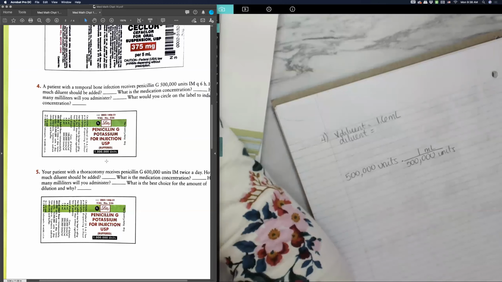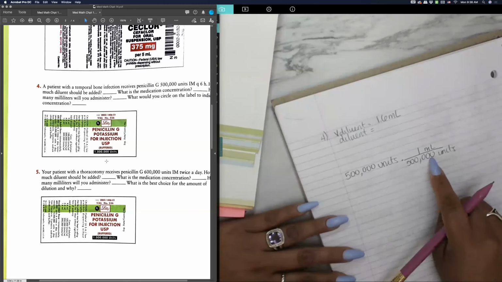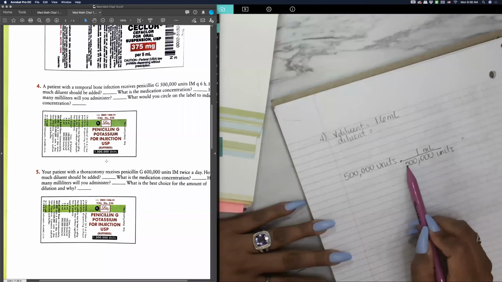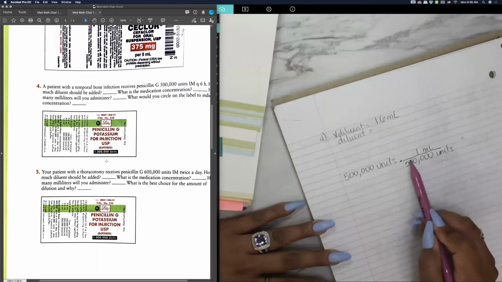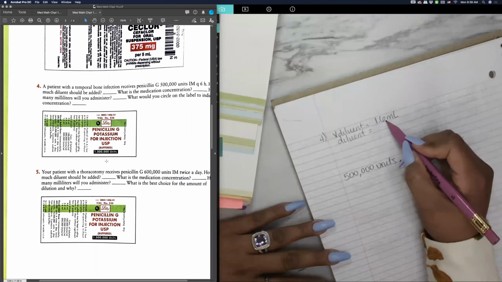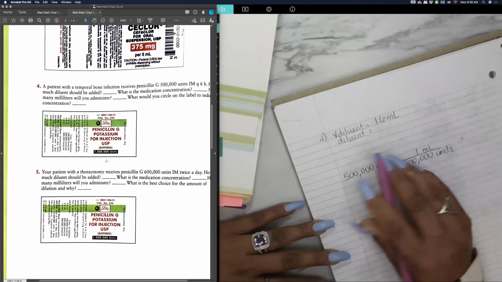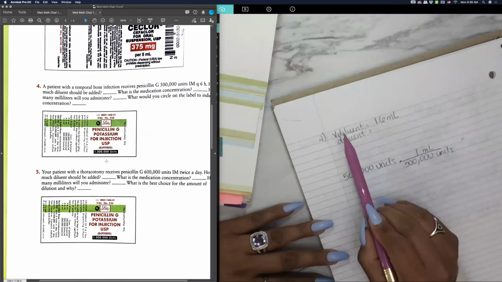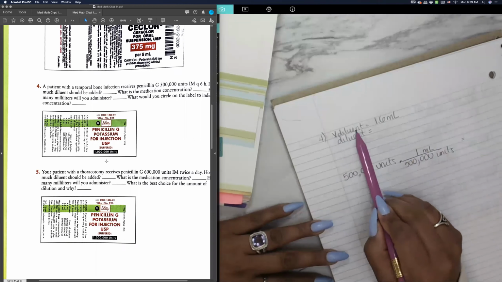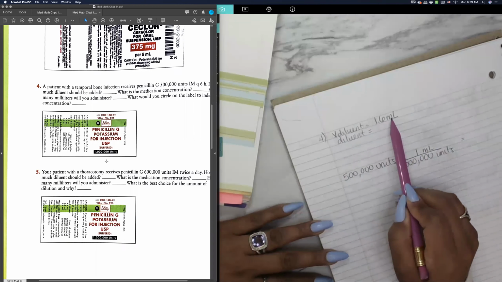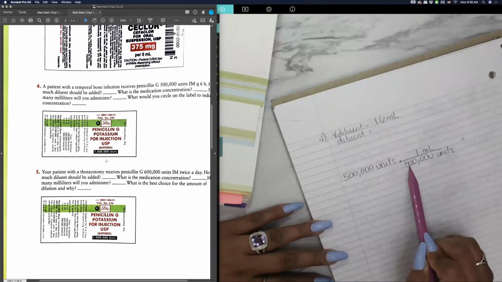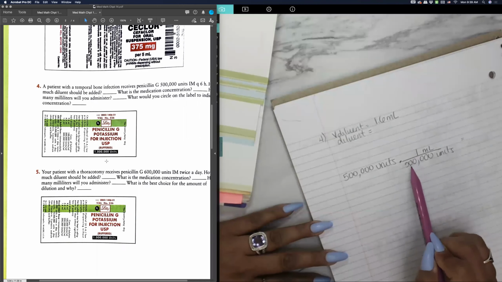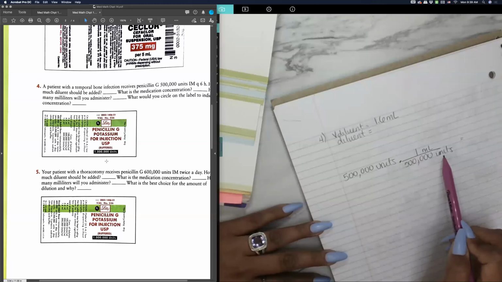So circle number 4, because where students often make a mistake is they take the 500,000 units per 1 milliliter, but then they want to put this 1.6 milliliters here. Don't do that. That's not what they're asking you. They're telling you that you added a volume of diluent of 1.6 milliliters, and then you got a resultant concentration of 500,000 units per 1 milliliter.